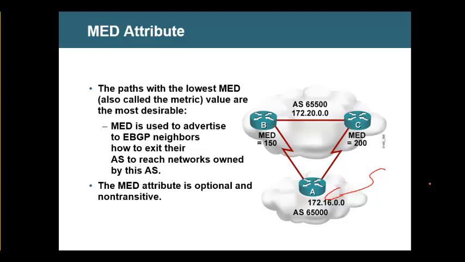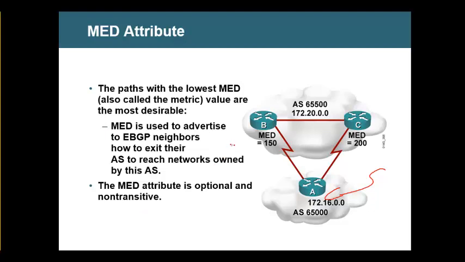See, if you take EIGRP or any protocol, RIP, when we have two paths, the path with the lower metric, meaning less hop count, is preferred, right? Metric is always lower is preferred. Small cost, small hop count, less hop count. That is what is preferred. Same principle here. MED, metric.